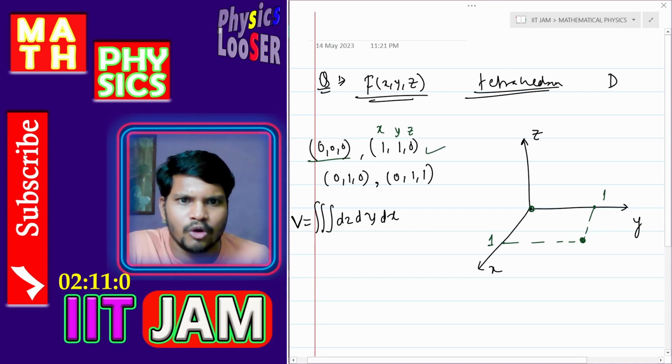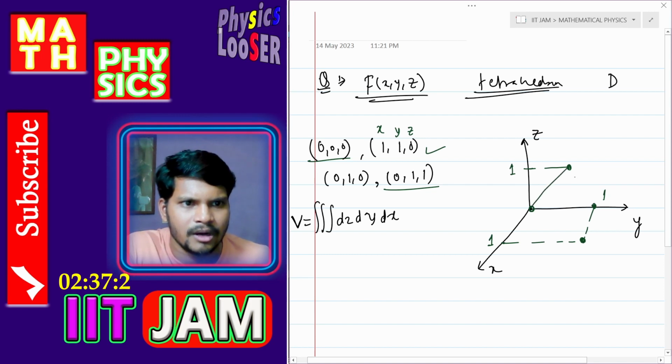Now 0, 1, 0: when x is equal to 0, y is 1 and z is 0. So this is also done. Another one is when x is 0, y is 1 and z is 1, so z is equal to 1. So this is maybe over here at z equal to 1. Here I can say this is y comma z.